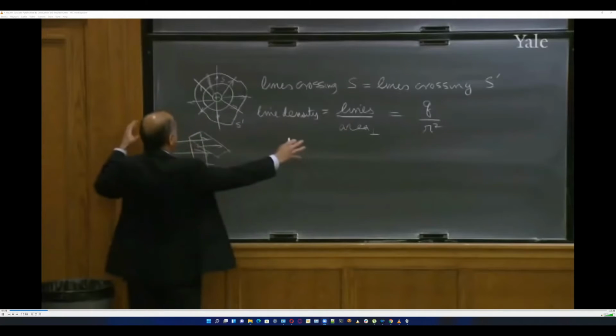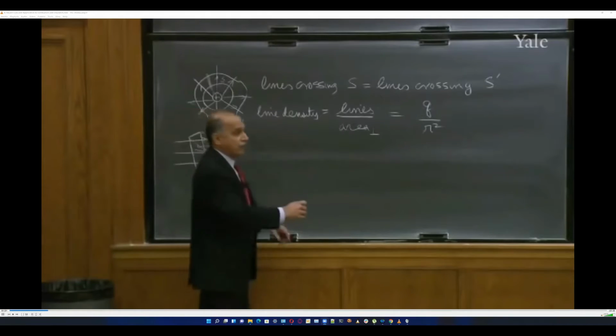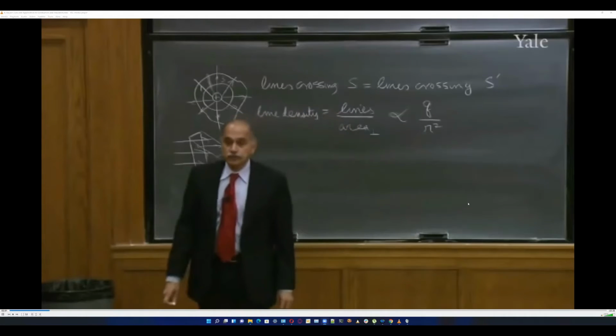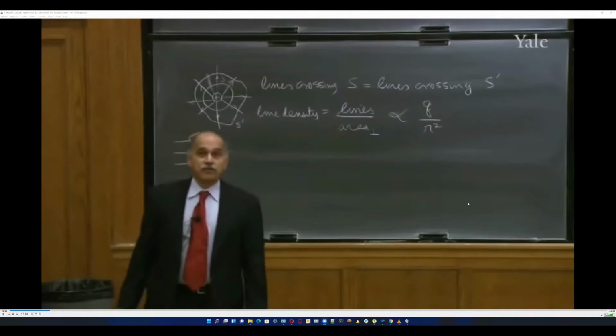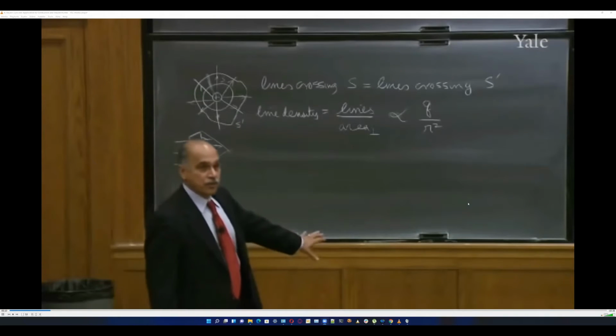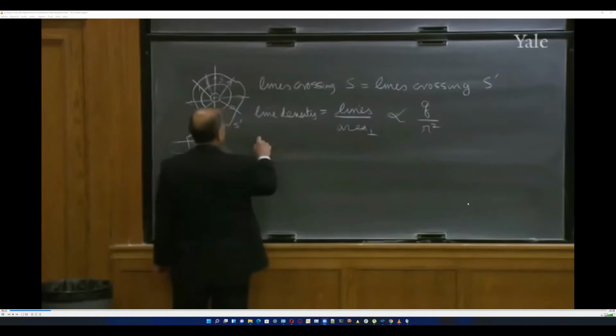So if you cut it with a sphere of bigger radius, the density, lines per area, will go like 1 over r squared. So it's proportional to Q. It's proportional to 1 over r squared. Okay? So let me write it not equal to, but proportional to. You have to stop me if you don't follow anything I'm saying. There's no reason why you shouldn't follow this argument. Then I say, how about the electric field?